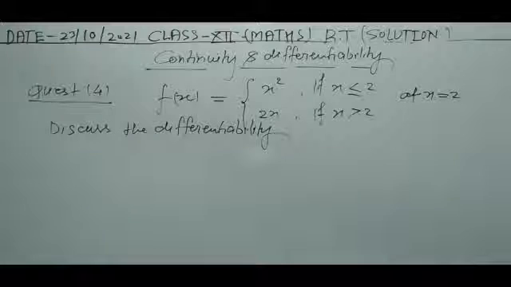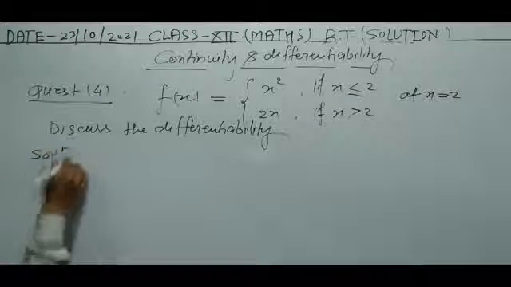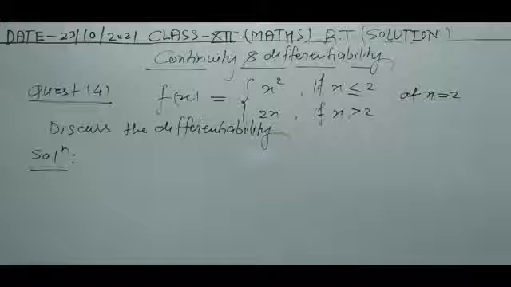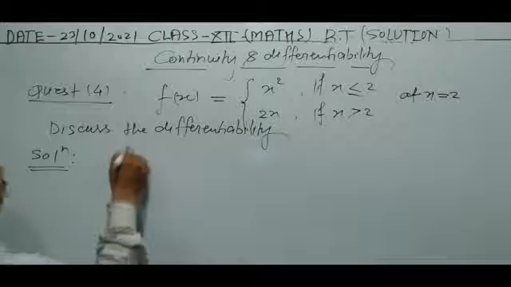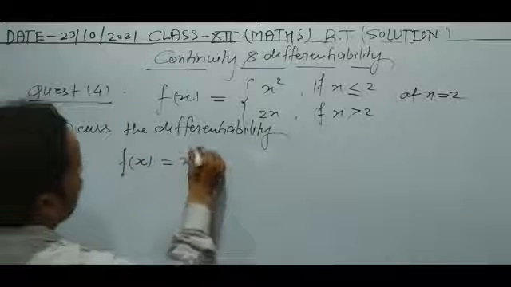First of all, I am going to draw the graph. Solution. First function f(x) or y is equal to x square.